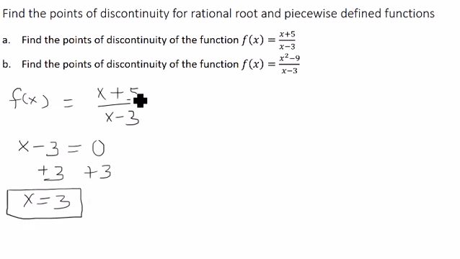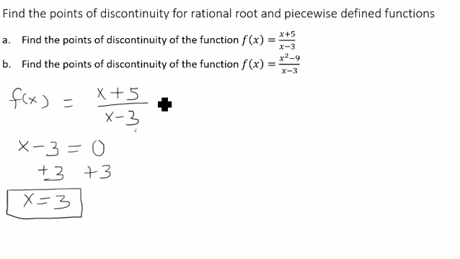Everywhere else this function is going to be continuous, because there is no 0 other than at x equals 3. Now you should be able to see it without even going that far. Just look at the value of x which will make the denominator equal 0, and that's always going to be that number if you have a simple situation like this.